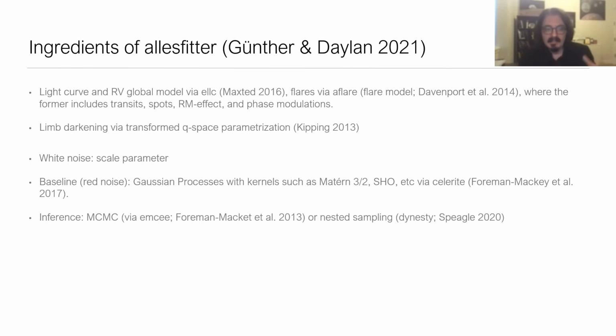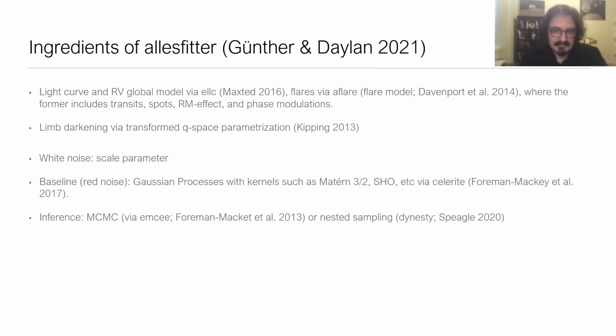And finally, for the inference part, so far I've talked about the forward model. In order to infer those models, we offer both MCMC capability and also nested sampling, the former via DFM's 2013 emcee work, and the latter by Josh Speagle's dynesty nested sampling.